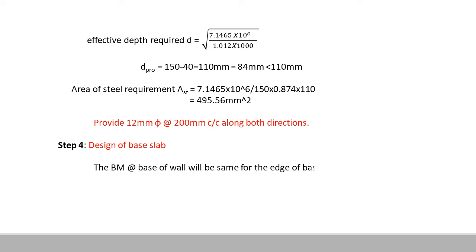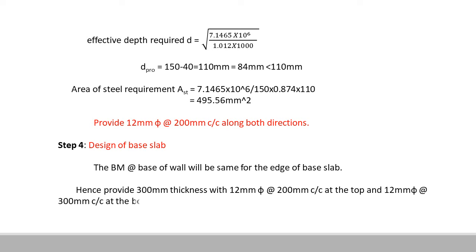So D provided is equal to 150 mm, which is greater than the required, hence safe. Then area of steel requirement, AST, is the same formula, apply the values, you got AST equal to 495.56 mm square. Then provide 12 mm diabar at 200 mm center to center distance along both directions.